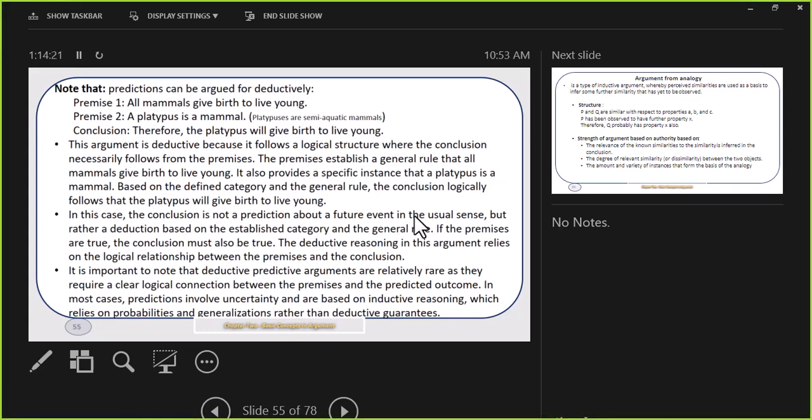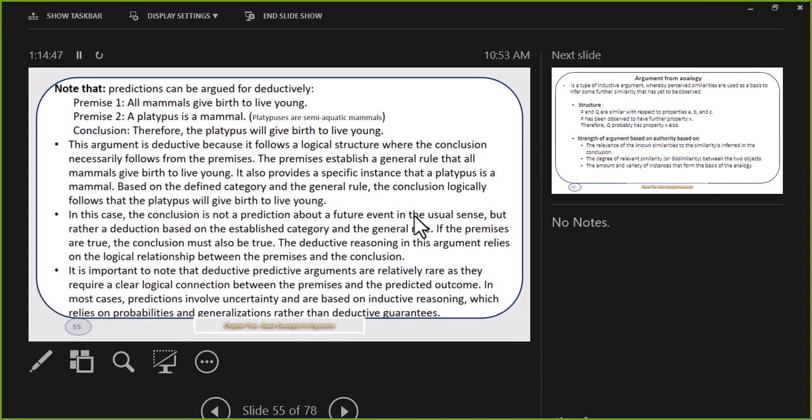The argument is deductive because it follows a logical structure. It's categorical in its type, right? This argument is a categorical syllogism, but it is telling about what will happen in the future. Even though it's predictive, it is deductive in its essence. It follows a logical structure where the conclusion necessarily follows from the premises. The premise establishes the general rule that all mammals give birth to live young.